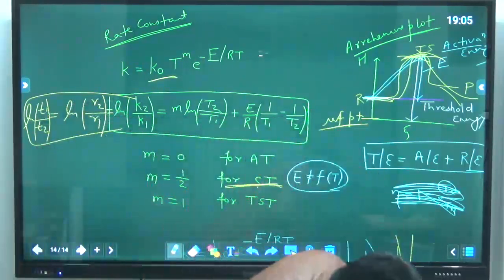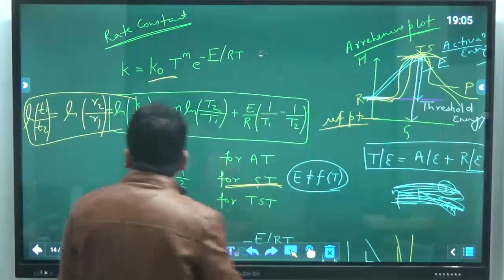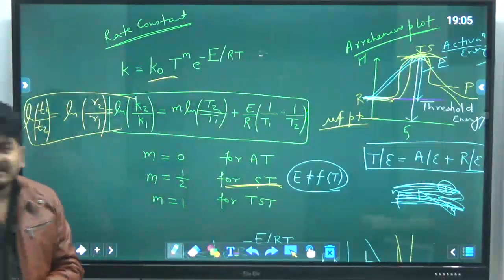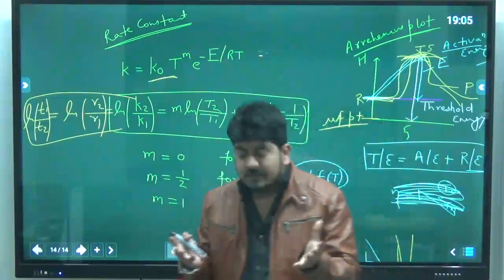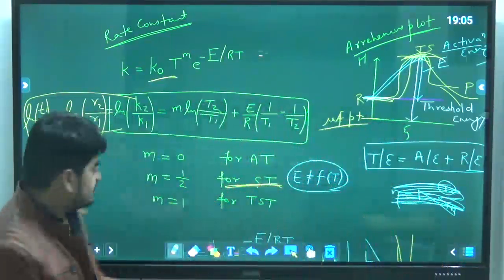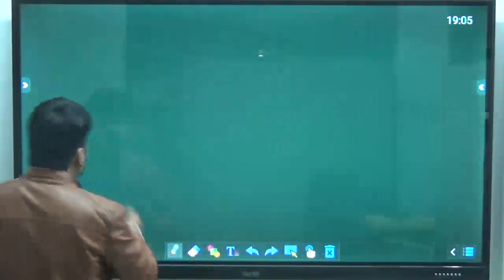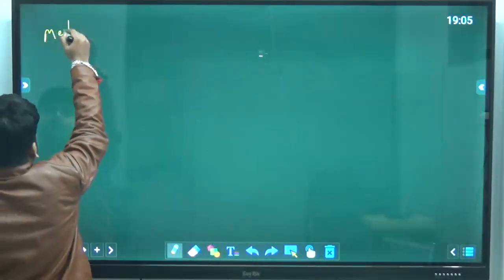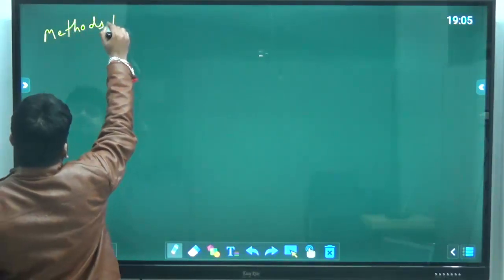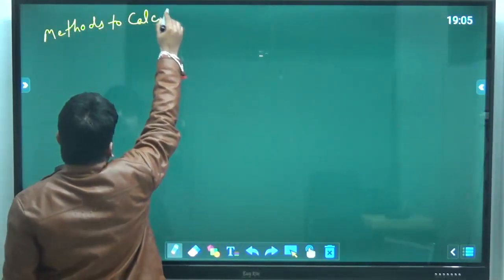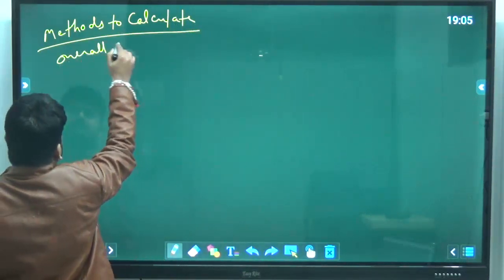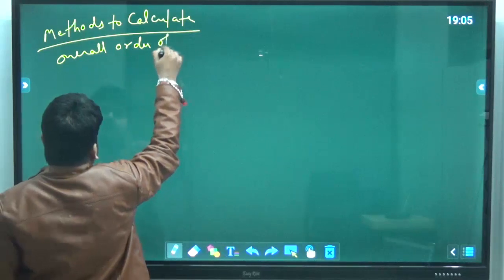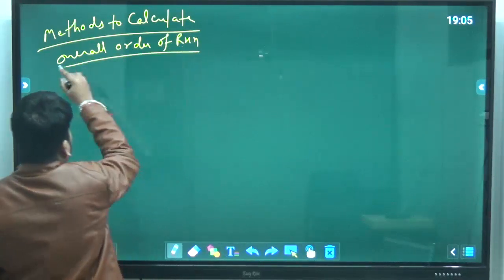So let's move on from this and talk about the methods to calculate order of reaction. There are methods to calculate order of reaction. The main thing is the overall order of reaction.